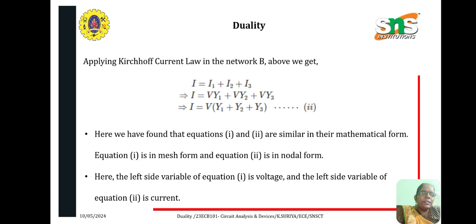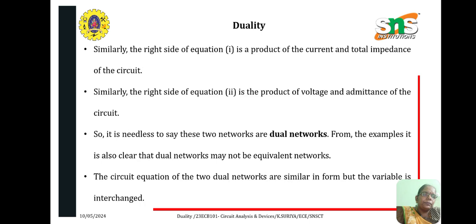There we got V is equal to I into (Z1 plus Z2 plus Z3). Here I is equal to V into (Y1 plus Y2 plus Y3). So equation 1 is in the mesh form and equation 2 is in the nodal form. The left side variable of equation 1 is voltage and the left side variable of equation 2 is current. Similarly, the right side of equation 1 is the product of current and total impedance of the circuit, and the right side of equation 2 is the product of voltage and admittance of the circuit.